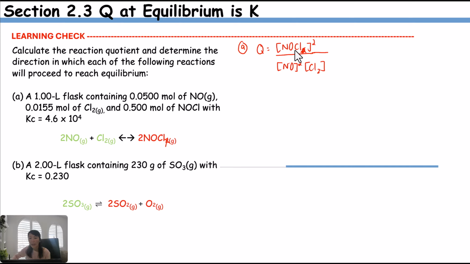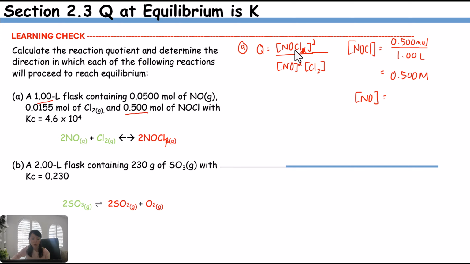NOCl concentration is moles over liter, and it tells you the moles right here. That's 0.500 moles over 1.00 liter, which will then equal 0.500 molarity. And how about the concentration for NO?